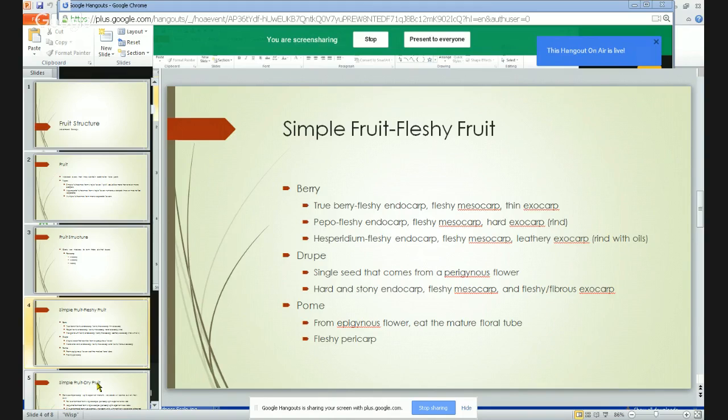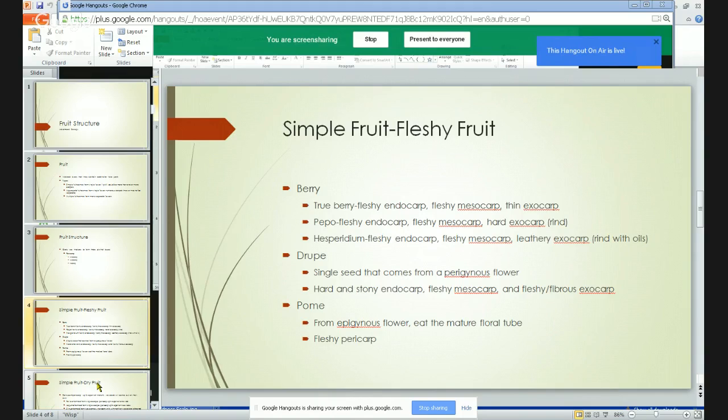If you've ever broken open a pit, you could do it on a cherry pit or a peach pit, probably with better luck on the peach pit because it's bigger, you would open it up and there would be a seed on the inside. If you really looked, you've got that food reserve there in the middle, which would be kind of a liquid or solid substance.